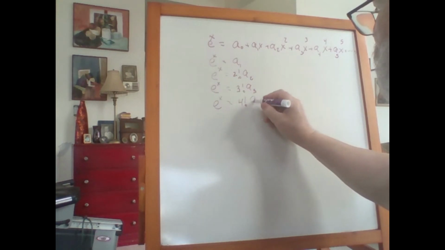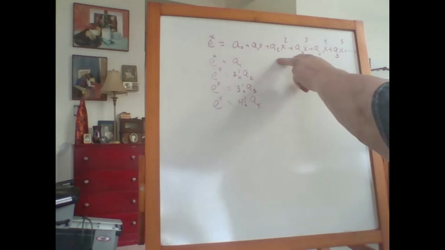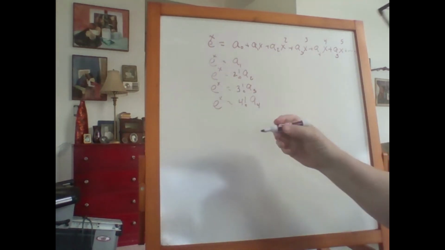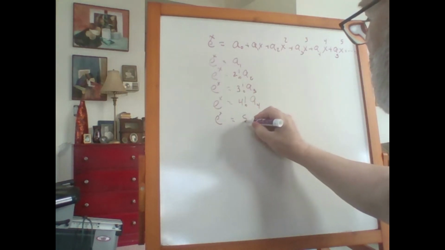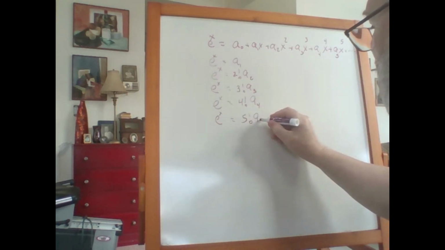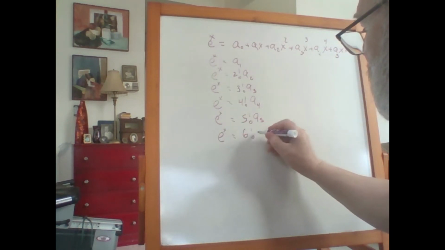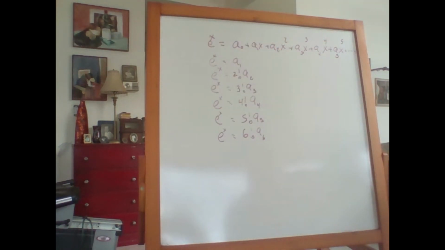I'm cutting out some steps. I could write out all of these derivatives, but it gets very tiring because I know that this is what's going to turn up. E to the x again is 5 factorial a5, e to the x equals 6 factorial a6. And they're all positive. Now you can go on forever this way.